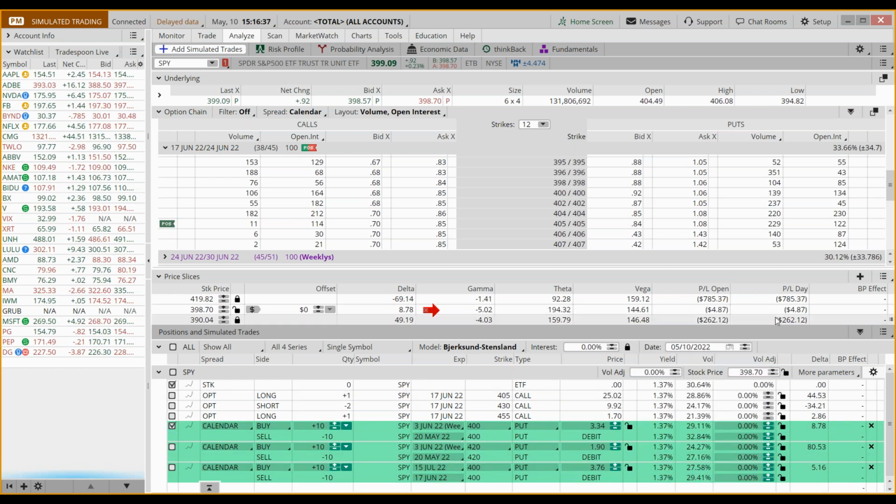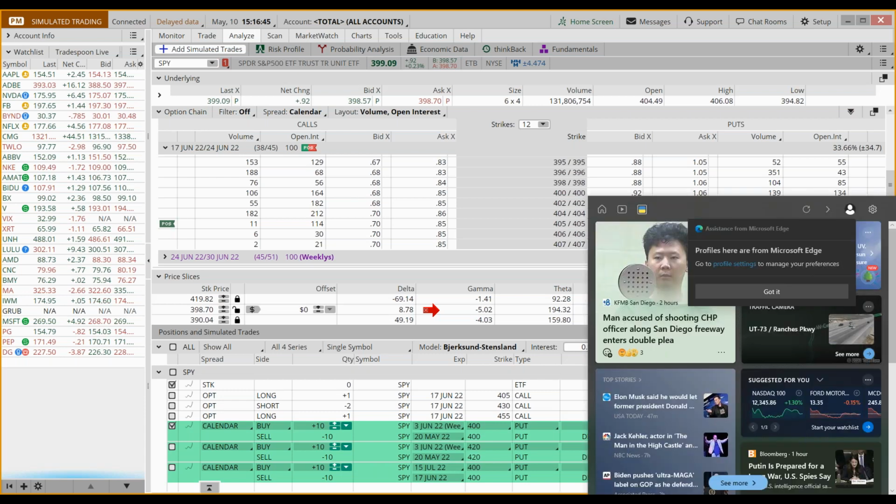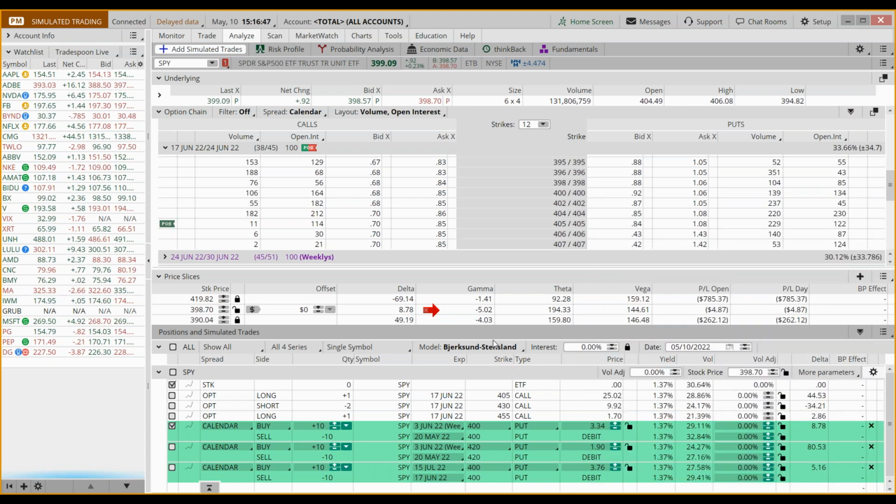So gamma is how much delta will change, how fast delta will change. Gamma risk typically is the highest in the last week of an option.